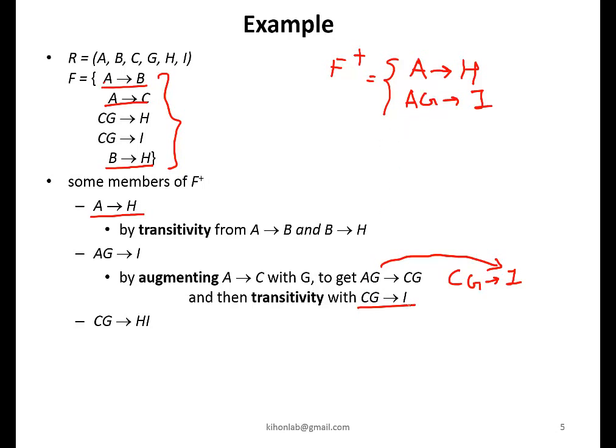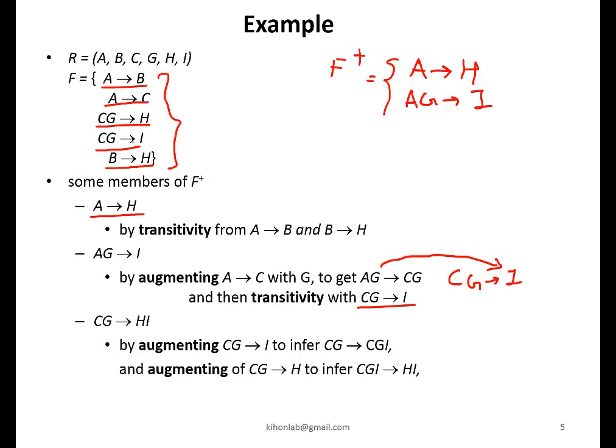Here I have CG to I and CG to H. Combining this, or union, that means augmenting CG to I, first CG to CGI, and then augmenting CG to H, that gives me CGI to HI, and in turn I am getting CG to HI. And with transitivity I will get all these dependencies.